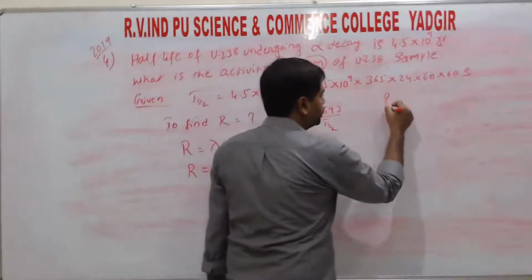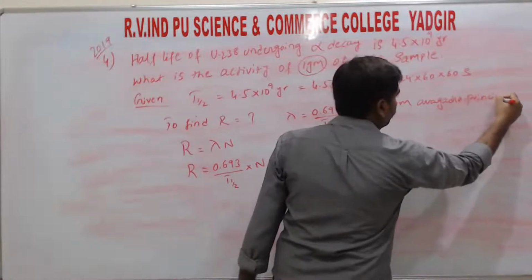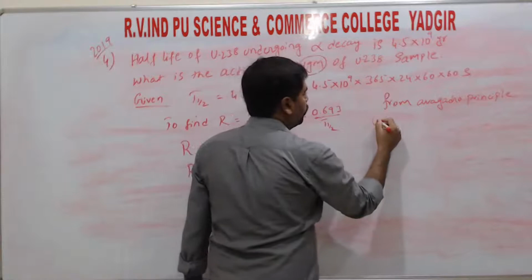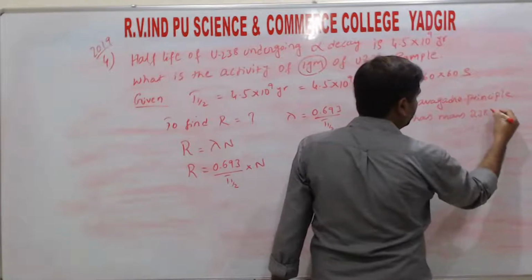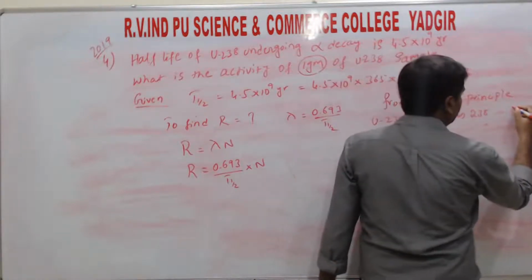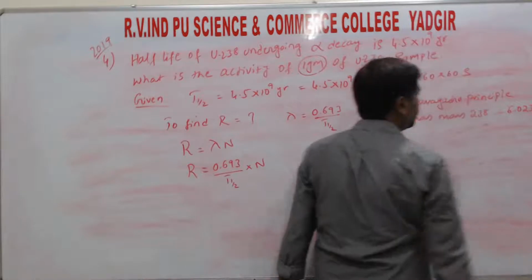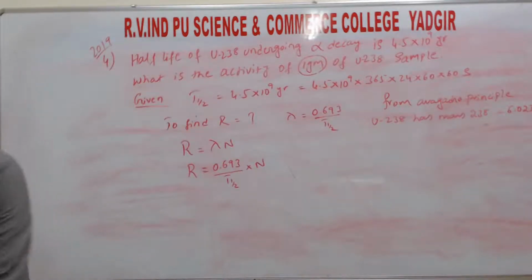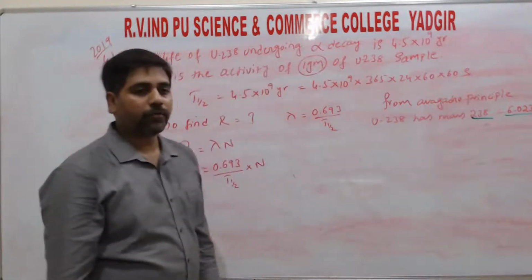So from Avogadro's principle, uranium 238 has mass 238 and it consists of 6.023 into 10 to the power of 23 atoms.